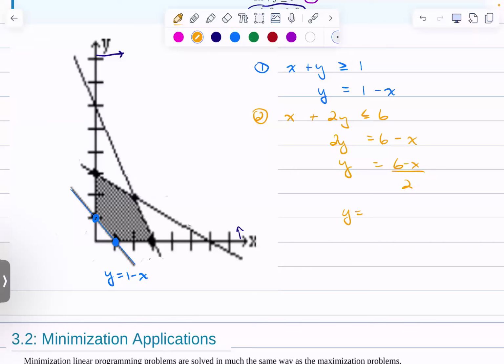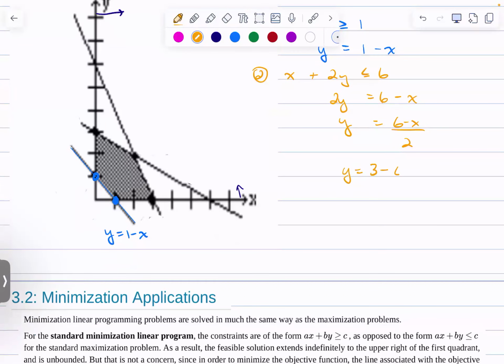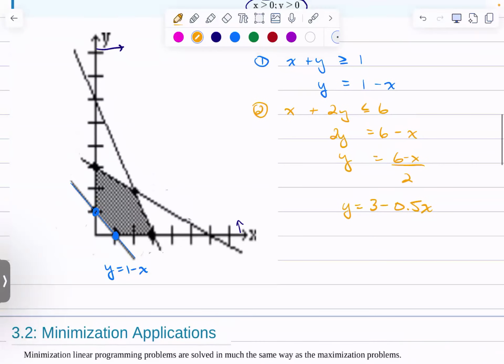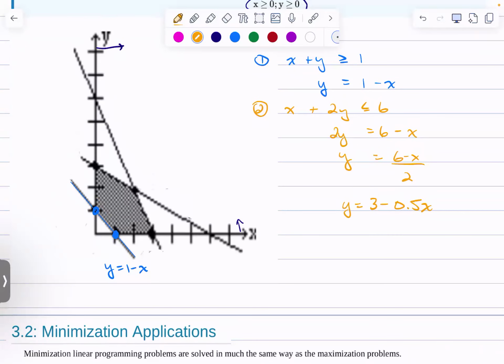In my solutions, I've been writing this not as fractions but as decimals. 6 divided by 2 makes 3, but minus 1 divided by 2 is minus 0.5. And so I get y equals 3 minus 0.5 times x. I'll do the same thing.